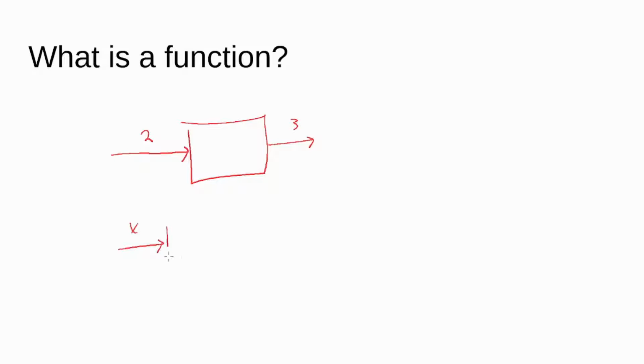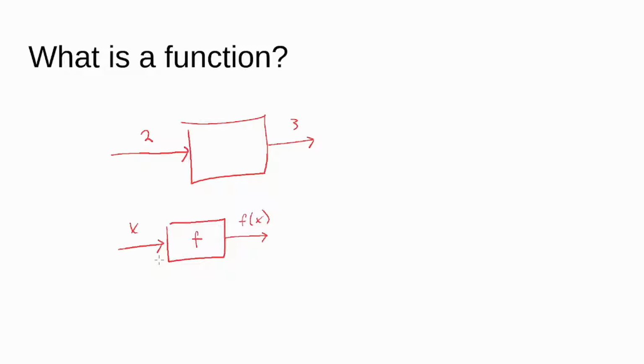We also like to call the black box f, but we could just as easily pick another symbol such as G or H. And then our output we call f of x.